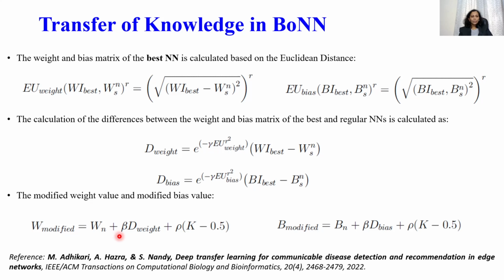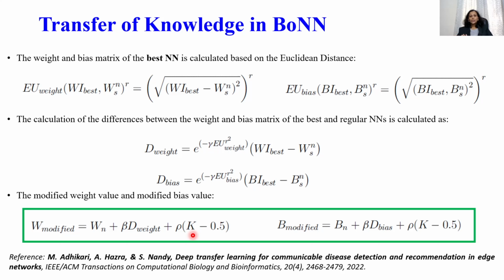Here, beta and rho are constants which lie between 0 and 1, and k is a random value between 0 and 1. So these two equations are used to modify the weight and bias matrix of a regular neural network model in order to generate a matrix that is very close to the weight and bias matrix of the best performing neural network.